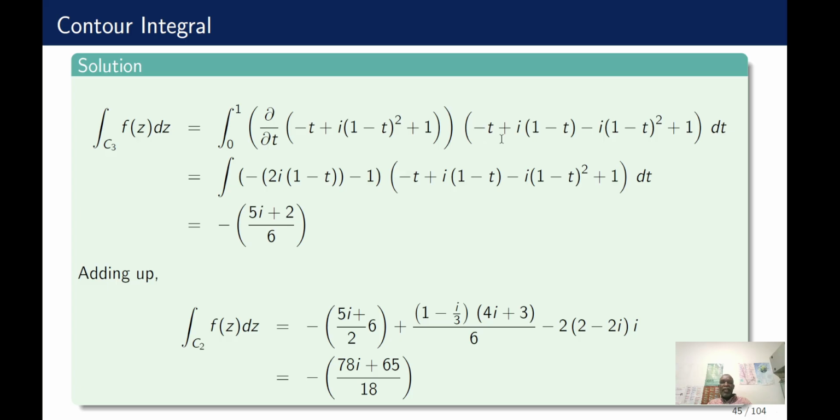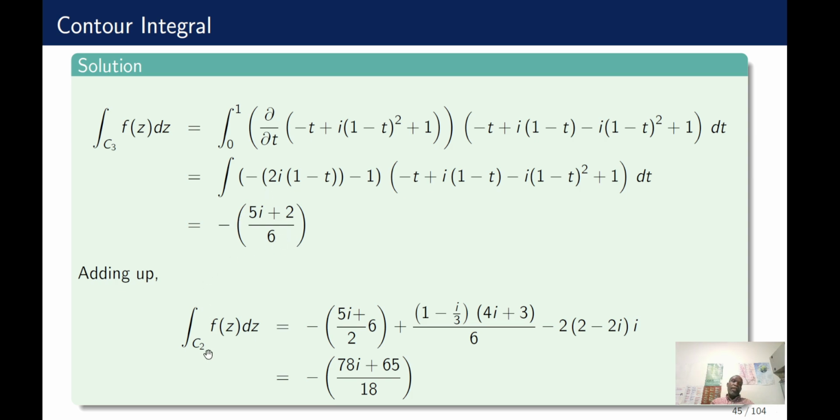Wherever we have x, we substitute for the x representation, and wherever we have y, we substitute for what y is. And if we integrate, there's a lot of work that you do here. You integrate, substitute t equals 0, and then t equals 1. You end up with minus 5i plus something over 6 times 2.